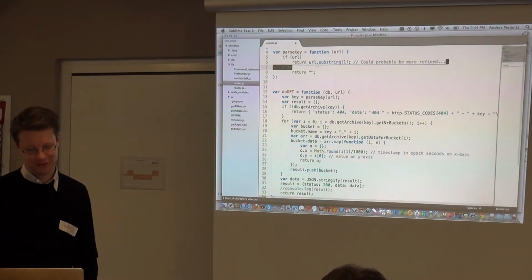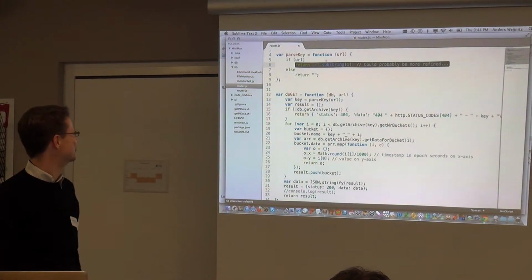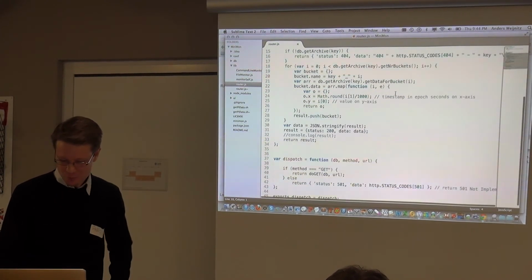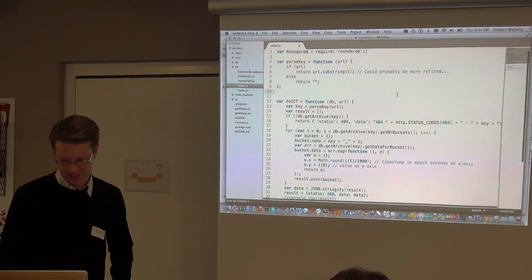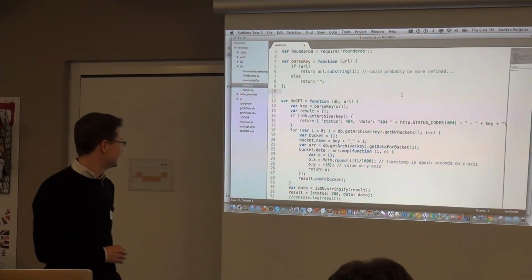You can see here, it's very refined. We know this will be slash bucket name. So let's remove the slash and serve it. Yeah, and I think that's my time. So that's it.